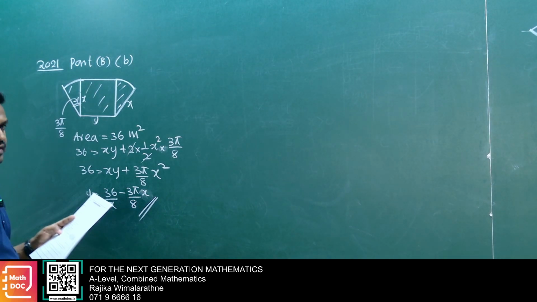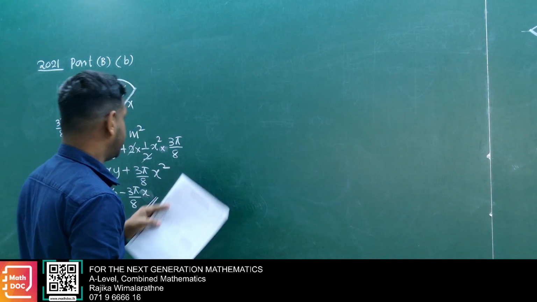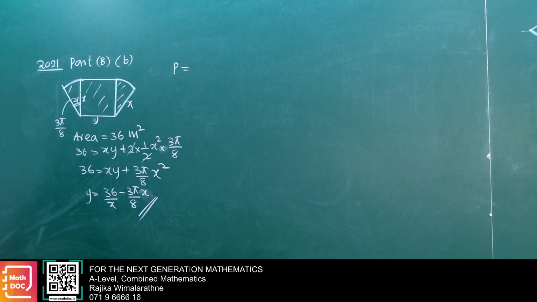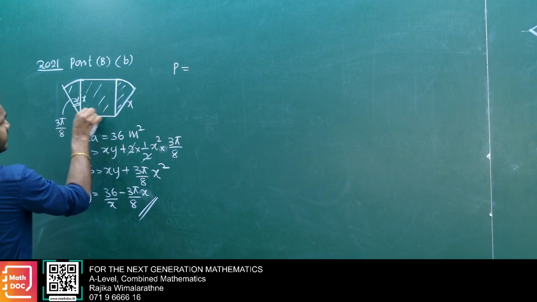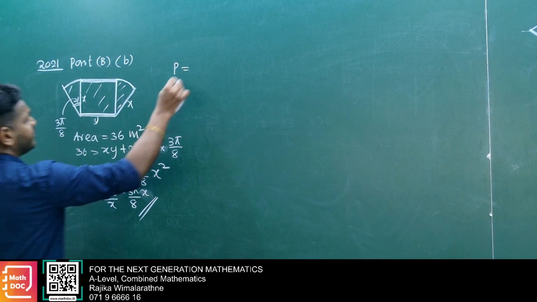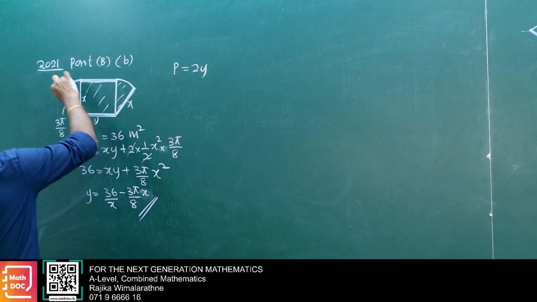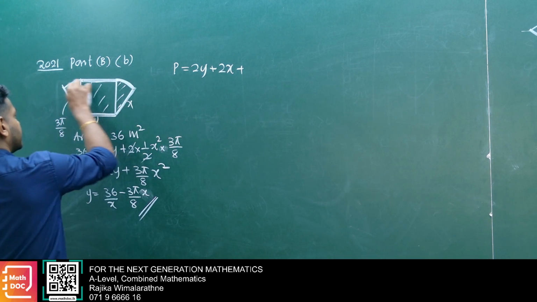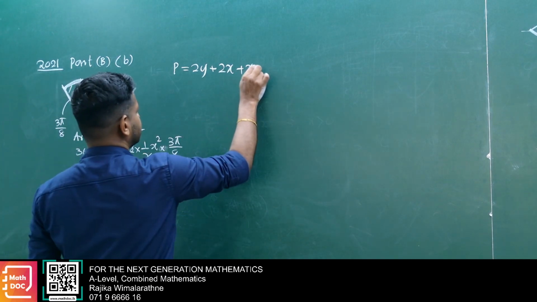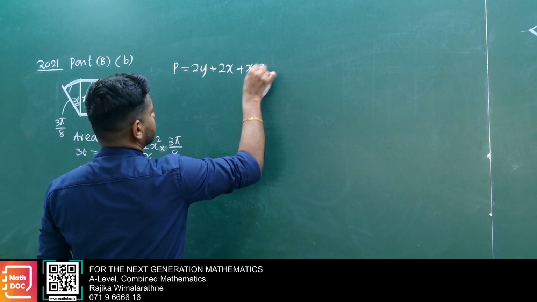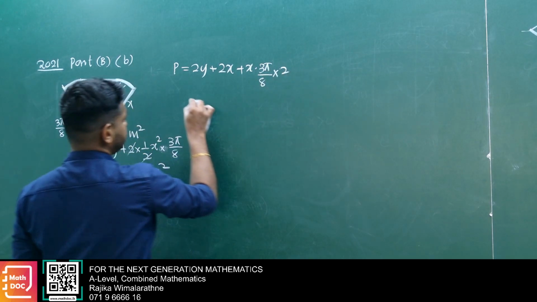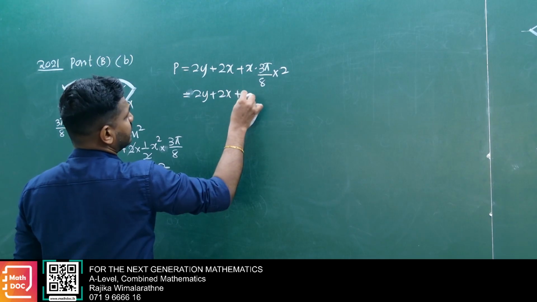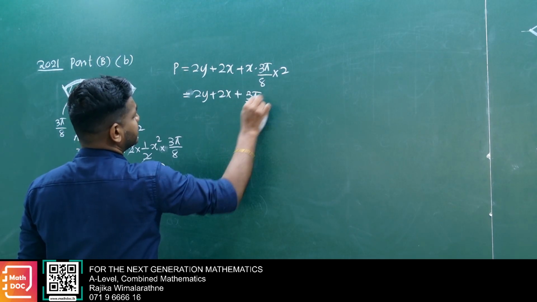This is Y. Then the perimeter P: y plus y is 2y, x plus x is 2x, and r theta plus r theta, where r is x and theta is 3 pi over 8, times 2. So P equals 2y plus 2x plus 3 pi over 4 x.